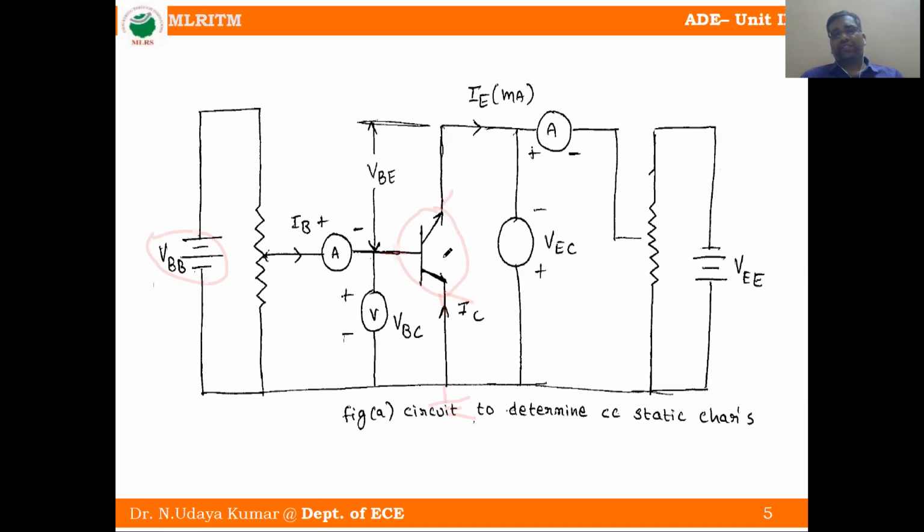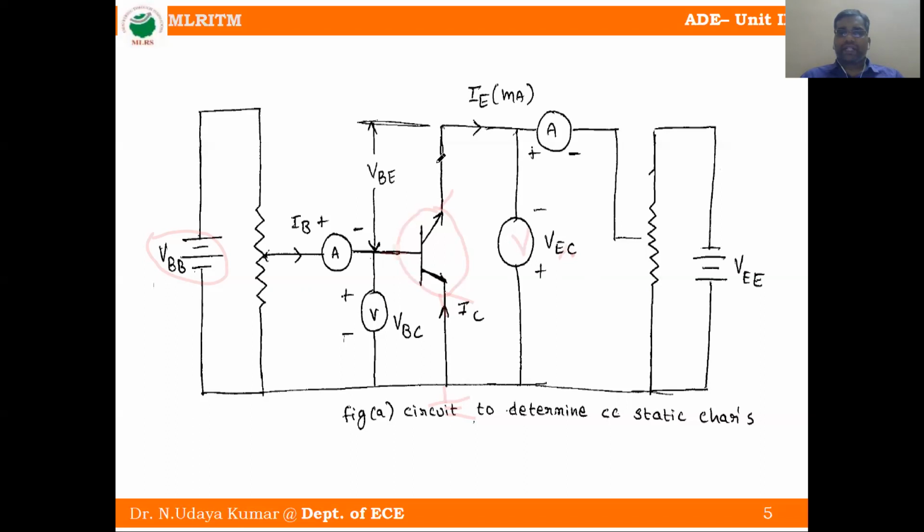The voltage across these two terminals is VEC or VCE, both are the same. So the voltage across the emitter collector junction or collector emitter junction, we represent as VEC.